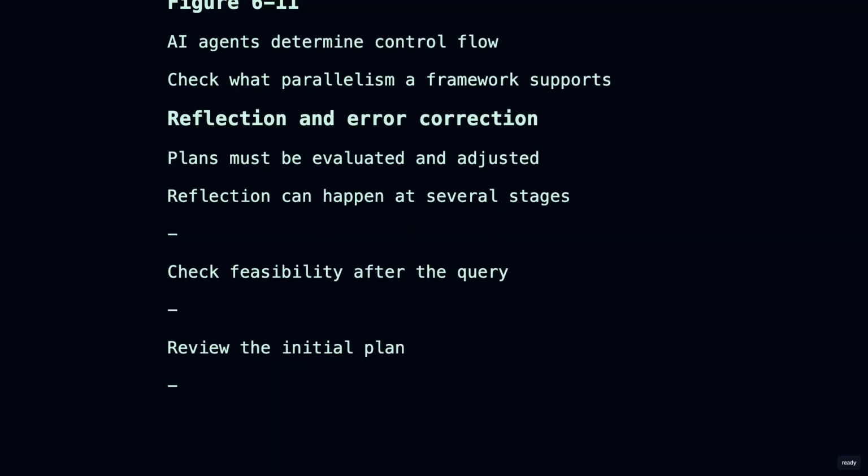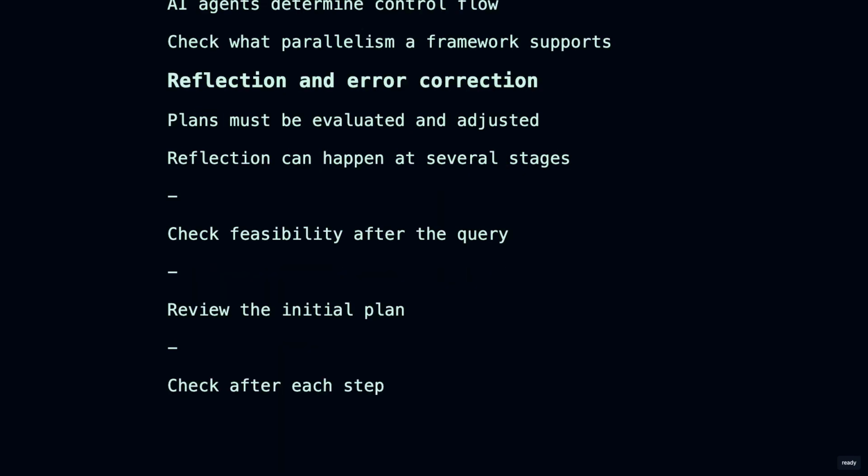The third checkpoint is during execution. Reflection can also happen after every action. That gives the system a chance to correct course as soon as it sees a bad result or an unexpected observation.